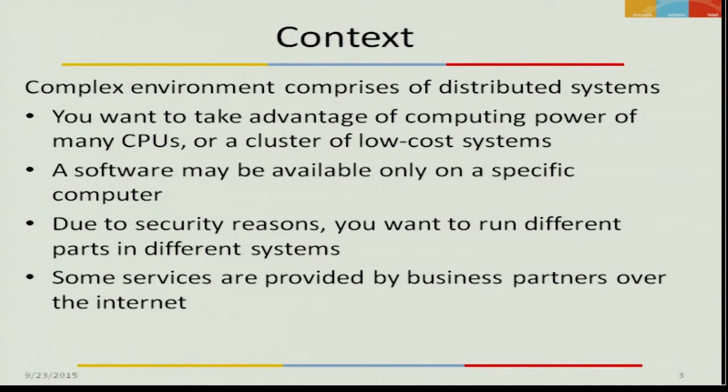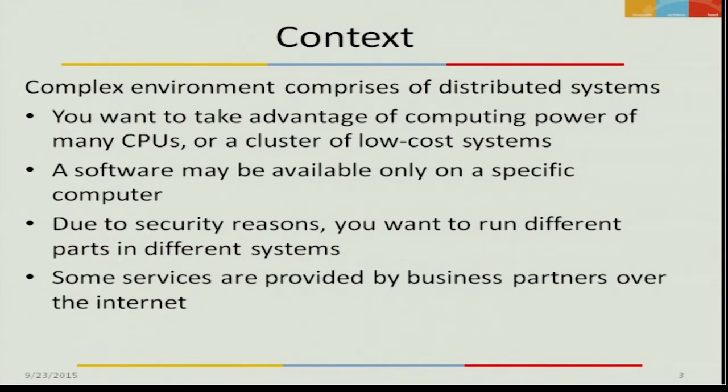Some services which are provided by business partners need to be used to accomplish certain tasks, and your system might require the services offered by various business partners. For example, you are building a system in which you would like to allow credit card based authentication.